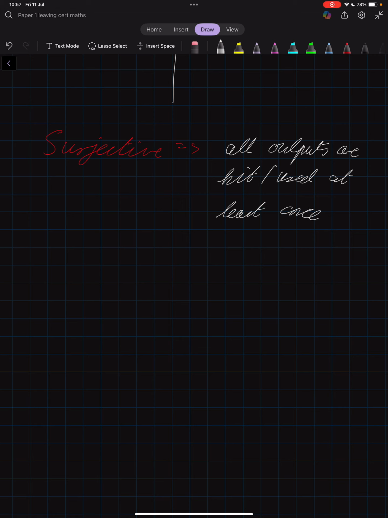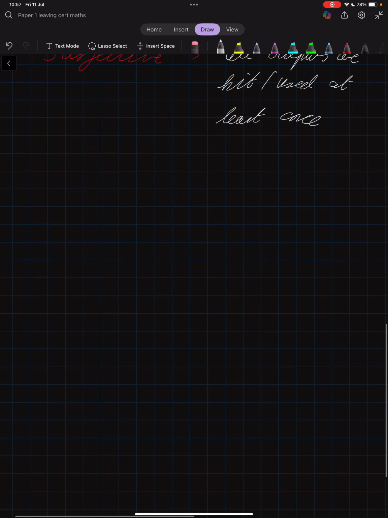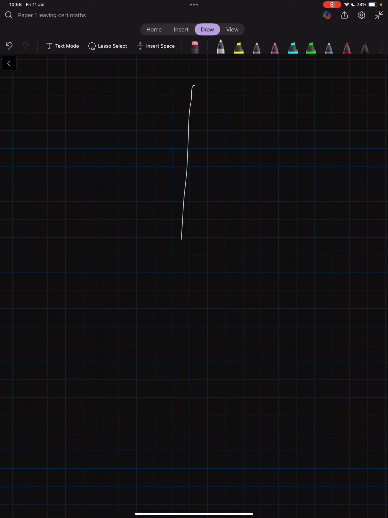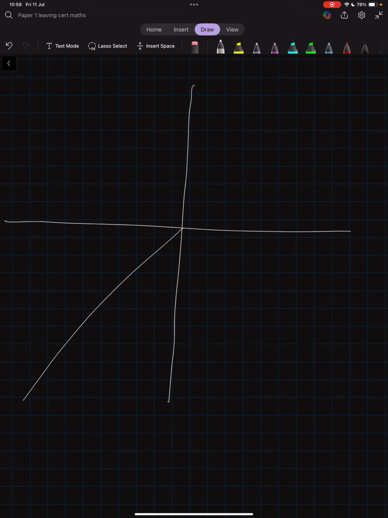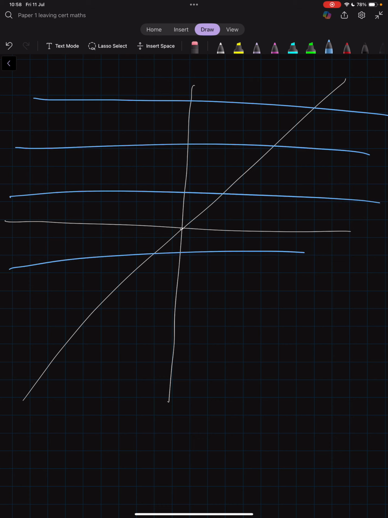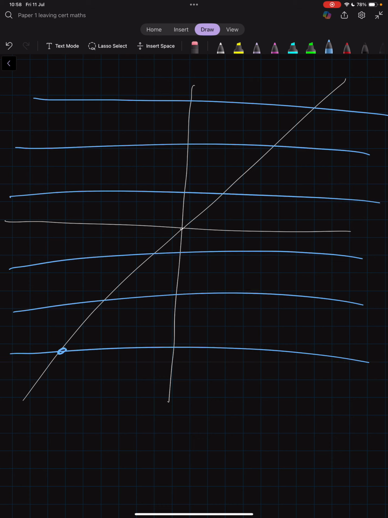Okay, so basically if I ask you for some sort of function, I can just say, can I get a 2? Can I get a 7? Can I get a 3.2? Yes, you can do all these sort of things. So another one that would be surjective is again the y equals x line. Now if I do my horizontal line test, here you need to hit the graph at least once.